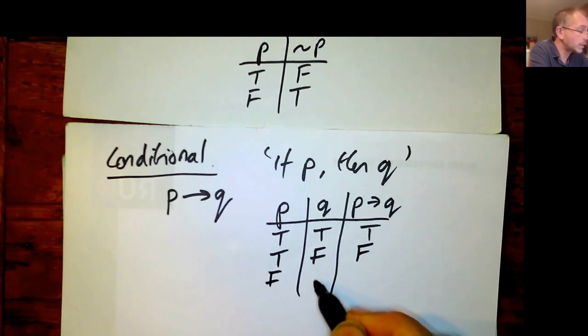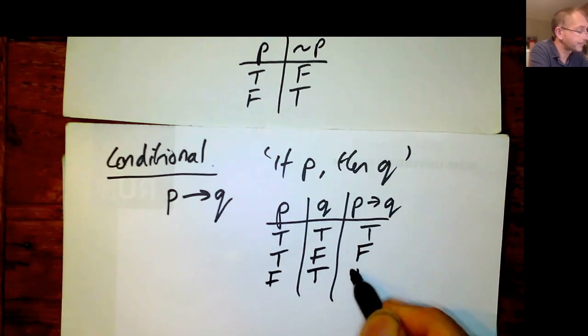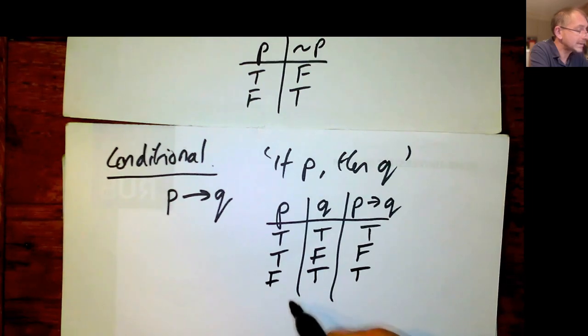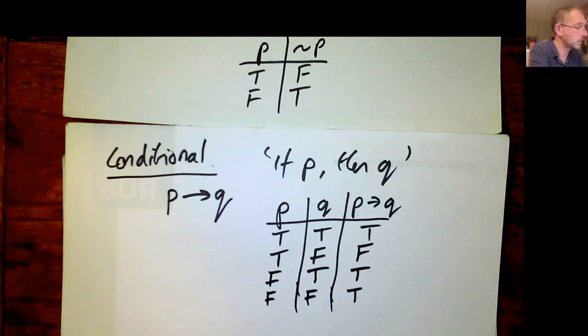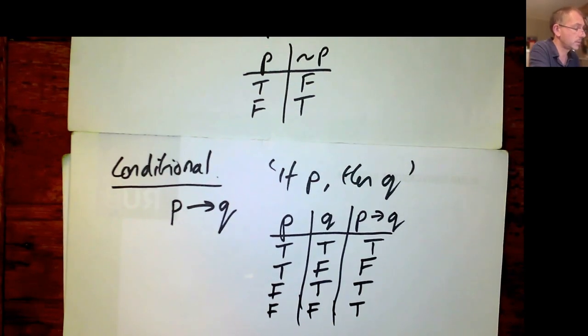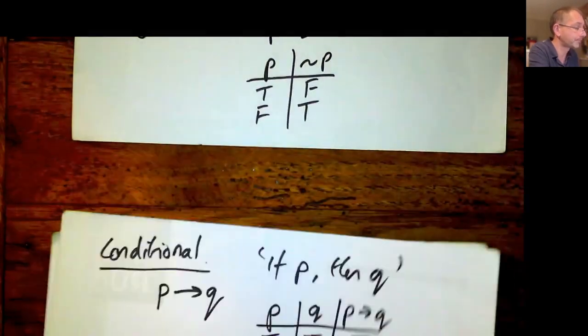But otherwise, I don't care. So if P is false, I'm making no promises about anything at all. And so I take from that the conclusion that P implies Q is true.